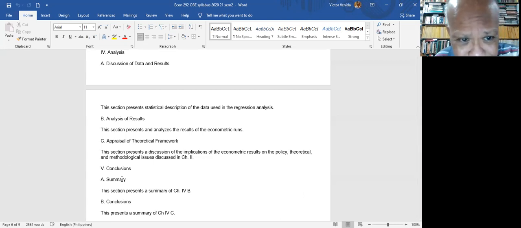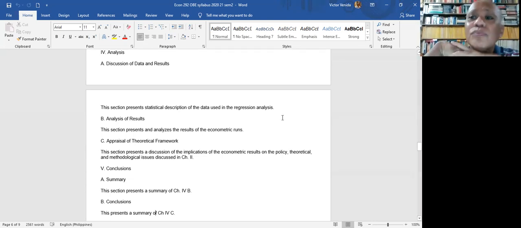And then B, analysis of results. Here, you present your results. Nowadays, as I've discussed with you previously, there are now many econometric models that have 26 regressors, okay, and 300 to 1,000 observations that can already be done given computing capacity nowadays.